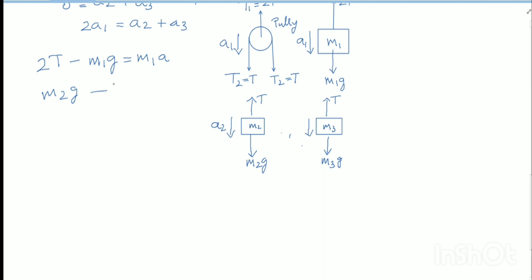I hope you check my total diagram. Now 2T minus M1g is equal to M1A1, and M2g minus T is equal to M2A2.